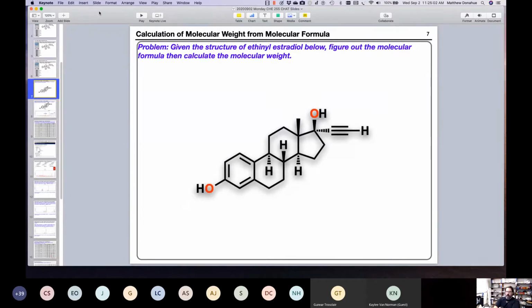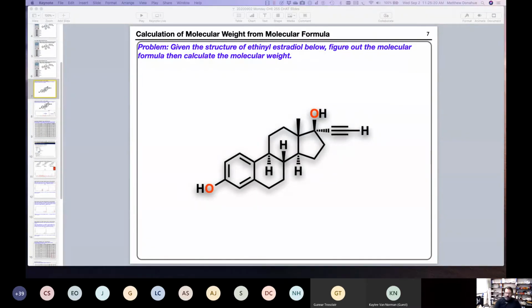So with the molecular formula, you're going to count the total number of carbons, hydrogens, and oxygens. You should write something like CxHyOz, where x, y, and z are the counts for each of those elements.